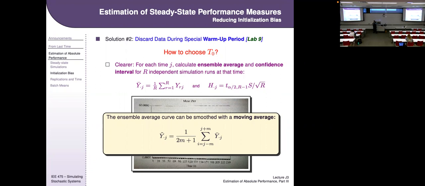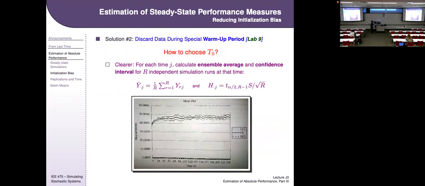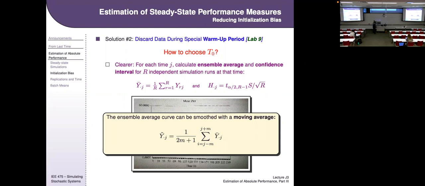And then that average is produced, which will further smooth out this curve here. So if that's not already smooth enough, if you do that, then you might end up seeing a nice smooth transient period, followed by a pretty solid steady state period. And the difference between those will be where you want to put your warm-up period, or after that. So it's got to be that point or later.